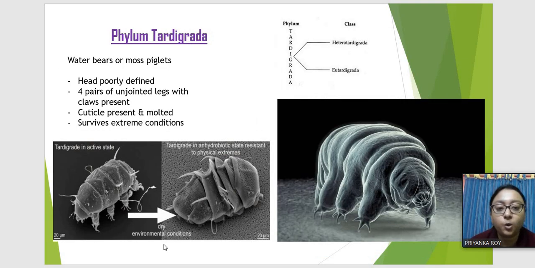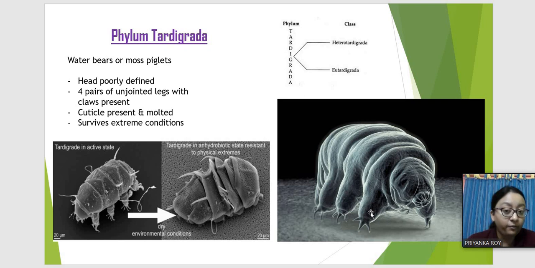Next, there is another small phylum called Tardigrada, and the organisms are called tardigrades, and they resemble bears. If you can see here, they look like little bears walking on their claws, and therefore they are known as water bears or moss piglets. These tardigrades have a striking feature: their legs consist of claws, and they walk on their claws in the water.